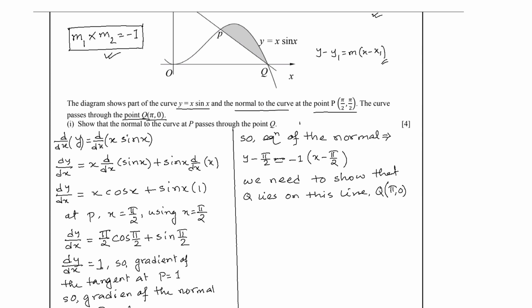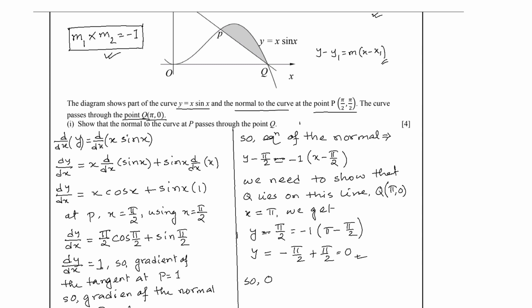So let's use x equals pi on this line. So we get y minus pi by 2 equals minus 1 times (pi minus pi by 2). So in the next line we can write y equals minus pi by 2 plus pi by 2, which gives us 0.